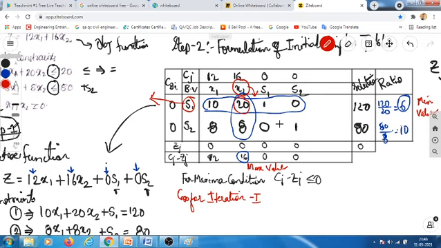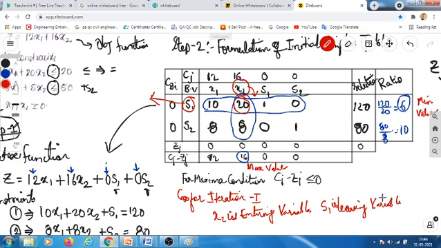So, in this scenario, x2 is the entering variable, and s1 becomes the exiting or leaving variable. So, we need to perform iteration 1.